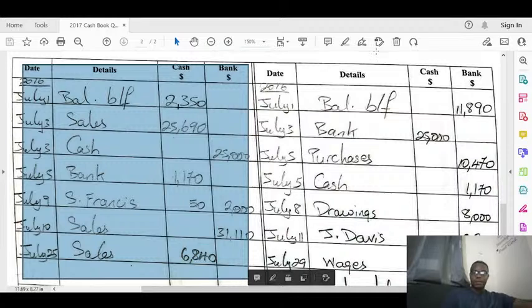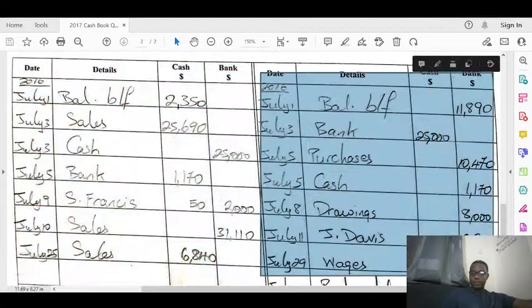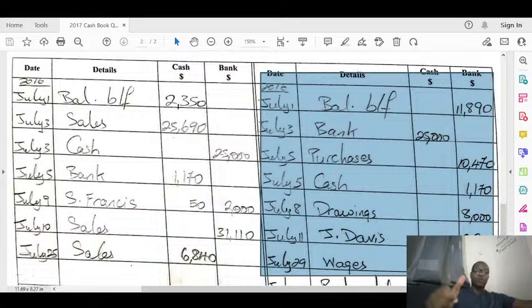All right. This side now is the credit side. This side records cash or checks paid out by the business. So anytime the cash book is paying out, whether it be cash or check, you record it on the credit side.